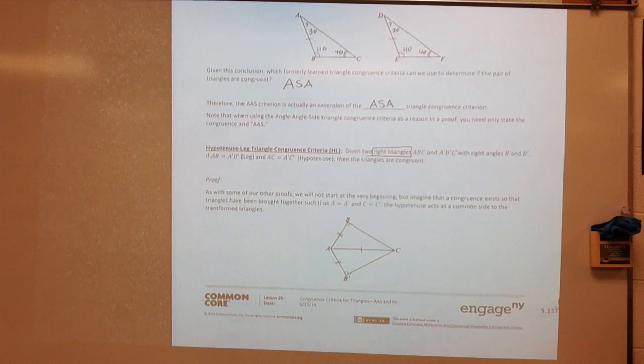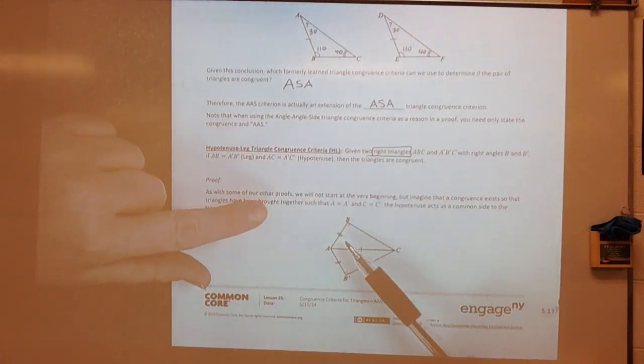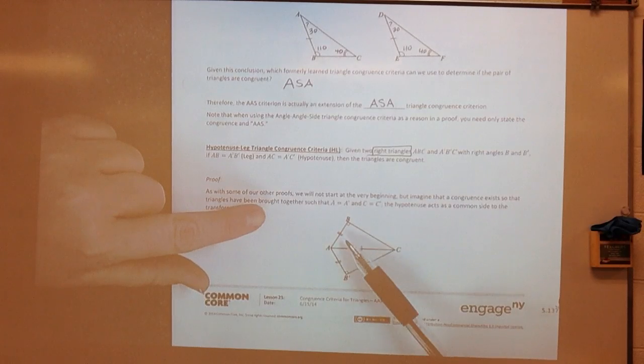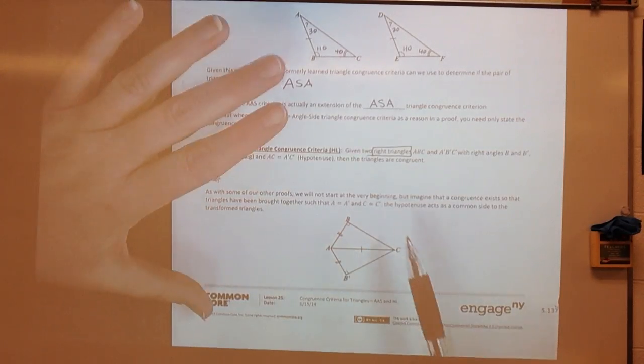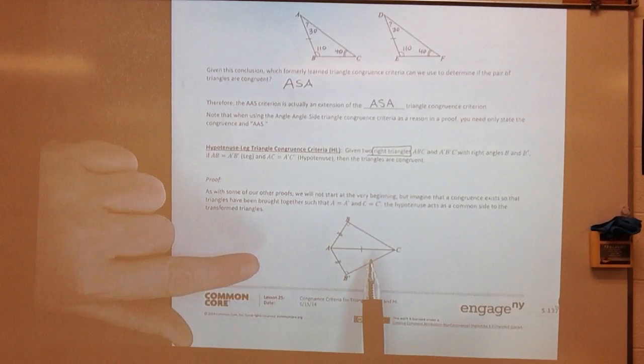Alright, so let's see what this is telling us. As with some of our other proofs, we will not start at the very beginning, but imagine that a congruence exists so that triangles have been brought together such that A is equal to A prime, all right? So they have marked that, and C is equal to C prime.